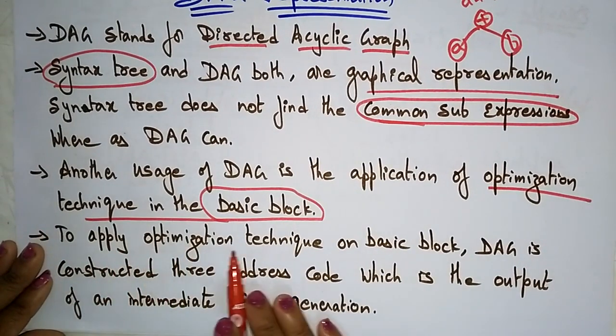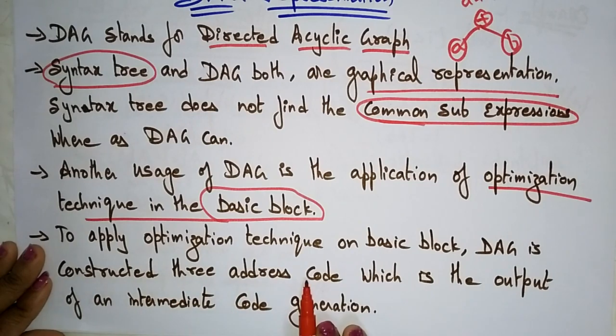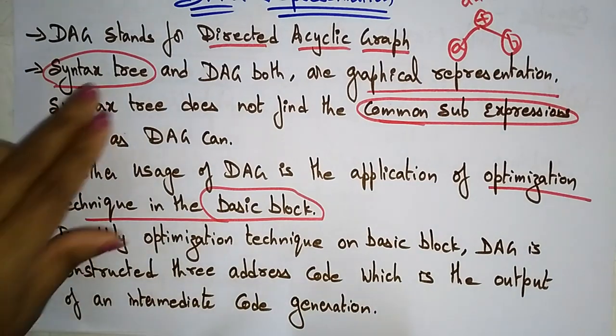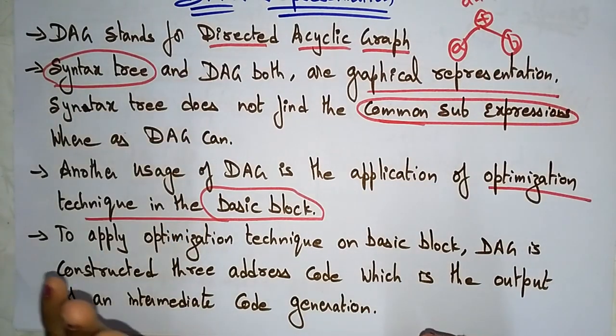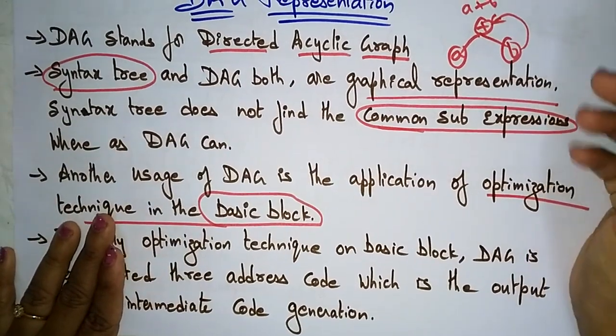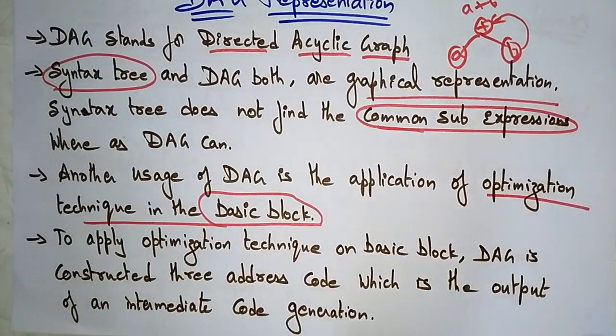To apply the optimization technique on the basic block, the DAG is constructed from three address code, which is the output of the intermediate code generation. Syntax tree is a tree, whereas a DAG is a graph, which means you can get a closed loop also. That is another difference.